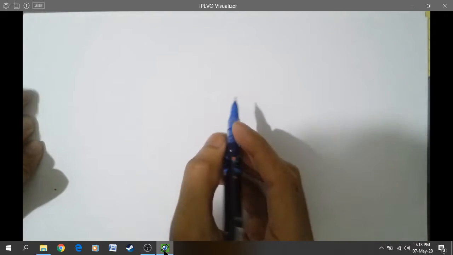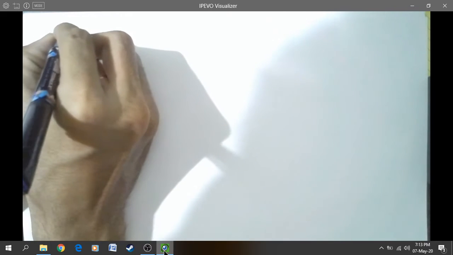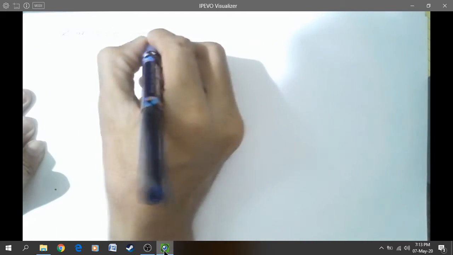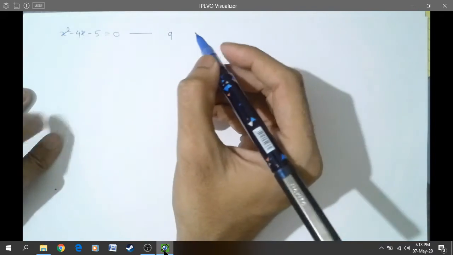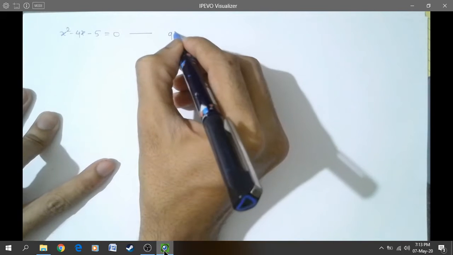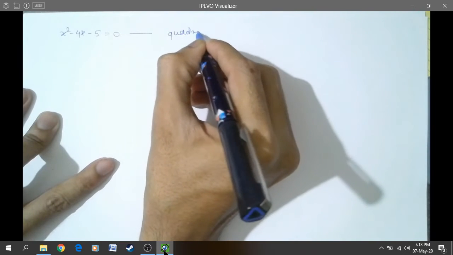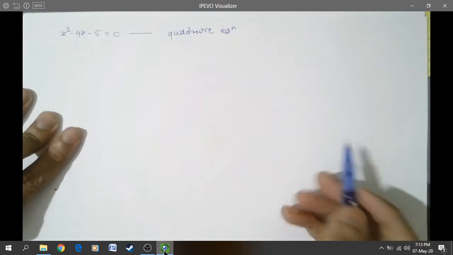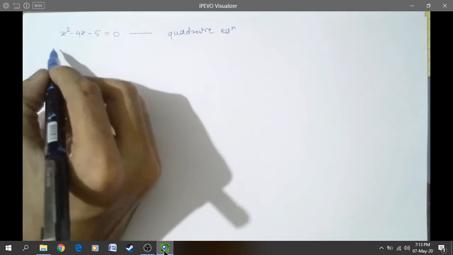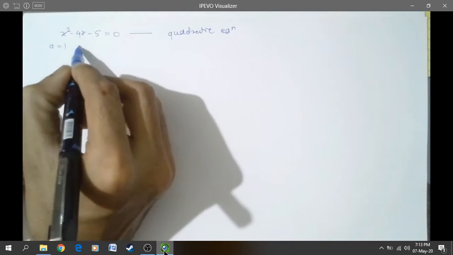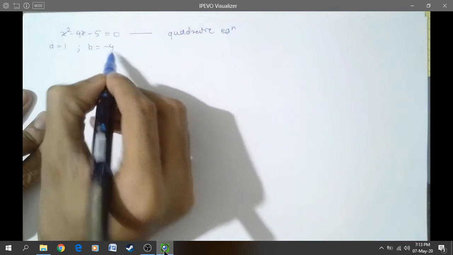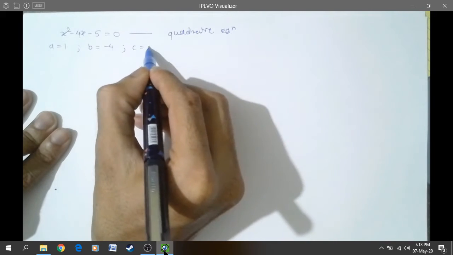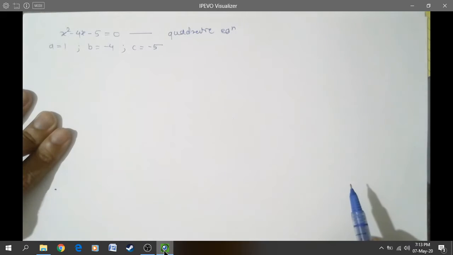We will write an equation here: x square minus 4x minus 5. This is a quadratic equation where we have the values a is equal to 1, b is equal to minus 4, and c is equal to minus 5.